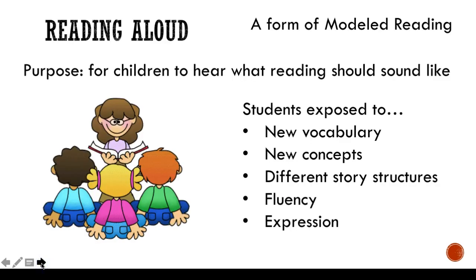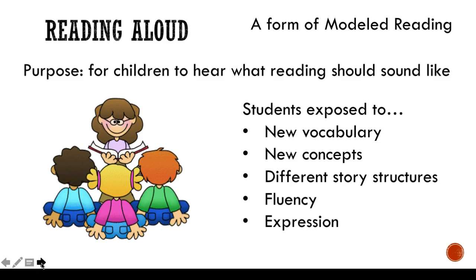Reading aloud to children is a type of modelled reading in that the teacher is the one doing the reading, but it's slightly different from what we talked about on the previous slide. Unlike modelled reading, where there's a planned focus for the lesson, when reading aloud, the purpose is purely for the children to hear what reading should sound like.